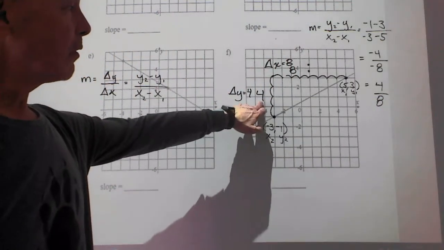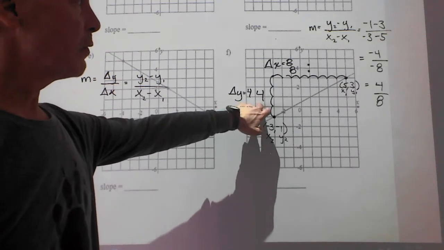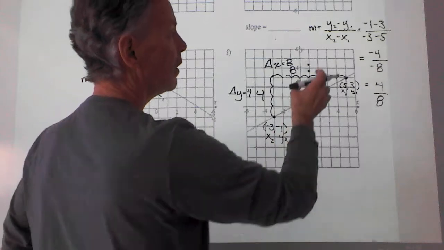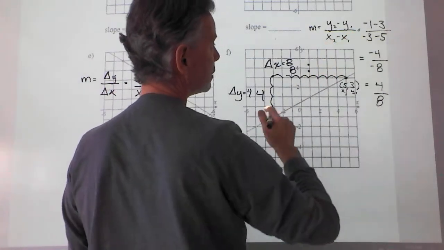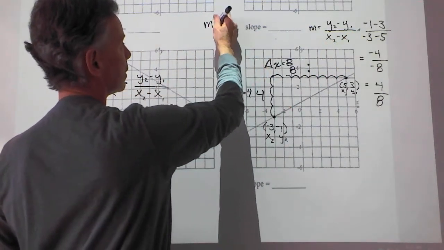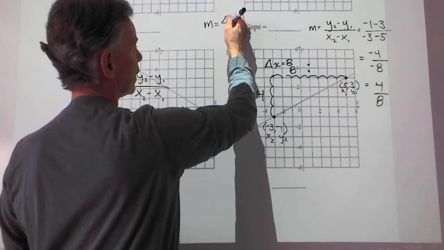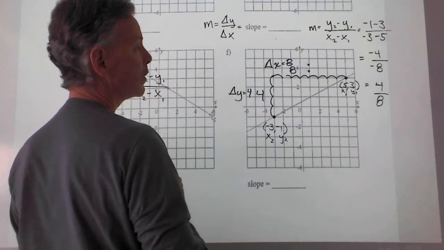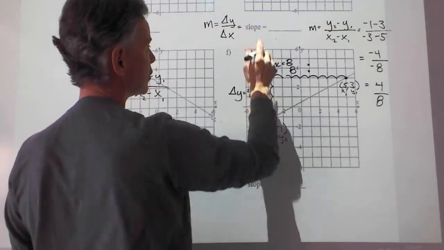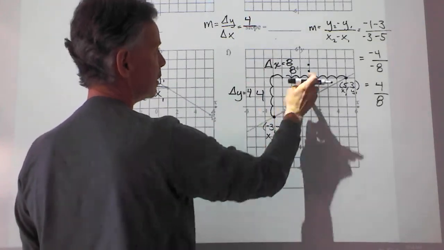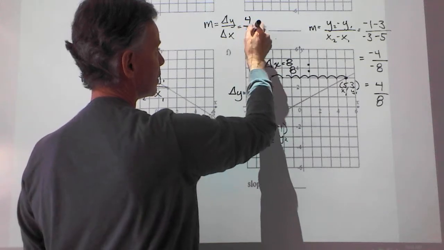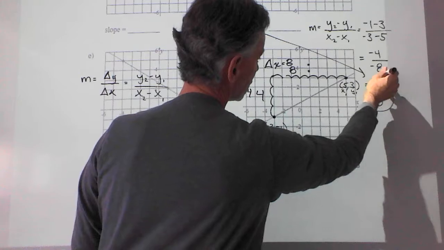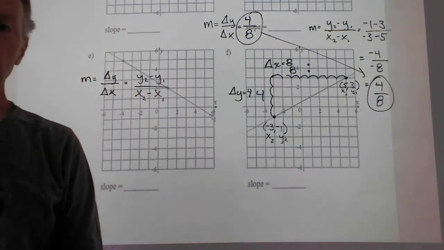Now look at what we had over here. We said that our change in y was 4 and our change in x was 8. So, whether we use this formula or the slightly different one, change in y over change in x, we'll still end up with change in y is 4, change in x is 8. You see, we have the same answer regardless of the formula we use.